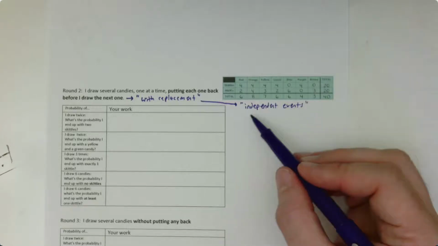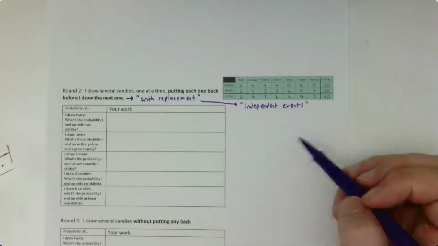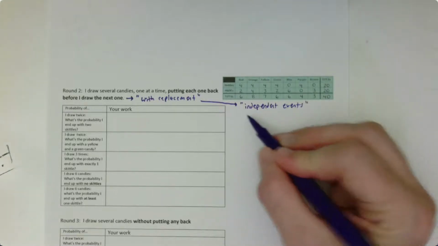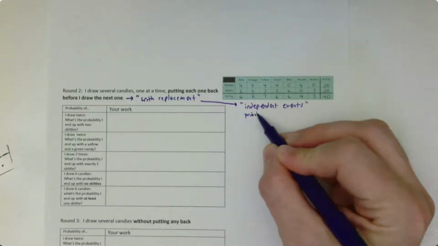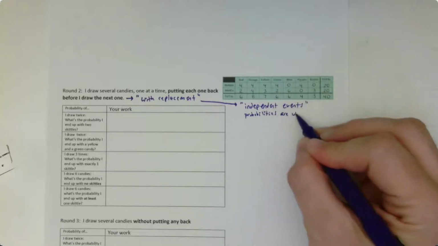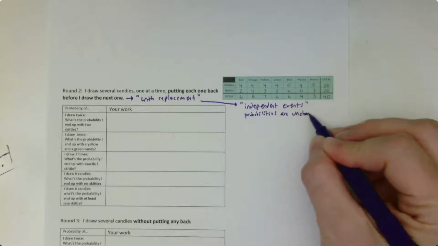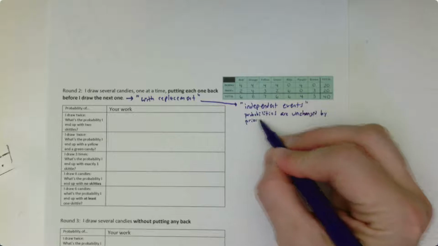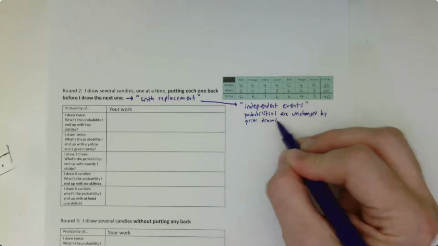So whatever you happen to draw last time isn't affecting the probabilities of what you're drawing this time. So independent events' probabilities are unchanged by prior events or prior draws.